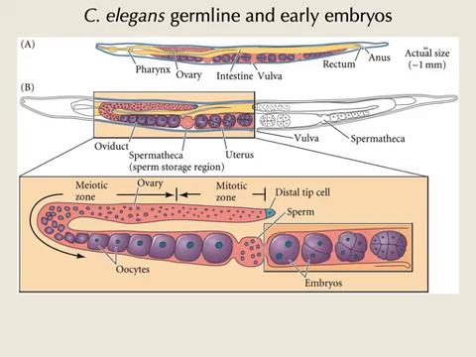Now, I want to emphasize one thing from the get-go, is that by design here, for what happens in the earliest steps of development, you already have an extrinsic symmetry breaking event. And that is the position, so the cartoon maybe doesn't really do it justice, but in reality what happens is the mature oocyte comes from this ovary, and they meet, so the sperm comes from one side systematically.